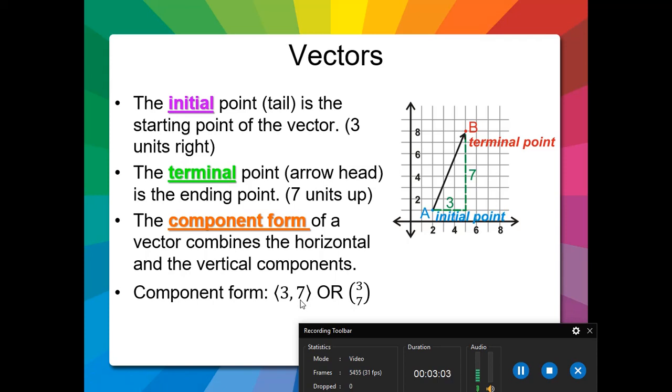And signs do matter, just like in regular translation notation. But the vector form, you can see it doesn't use parentheses. It's like a bent parenthesis. The other option is to write it in this format. We don't want to write this as a fraction, but on the top it tells me 3 units right. The bottom says 7 units up. Most people stick with the first version.